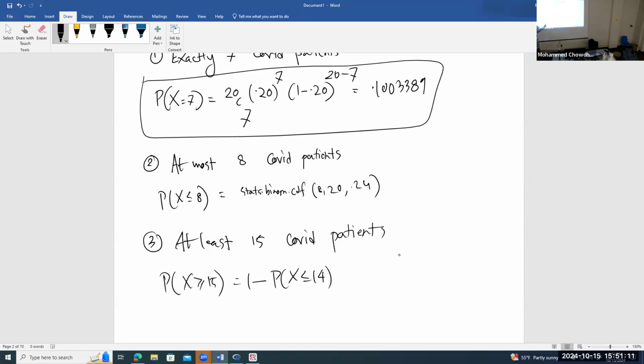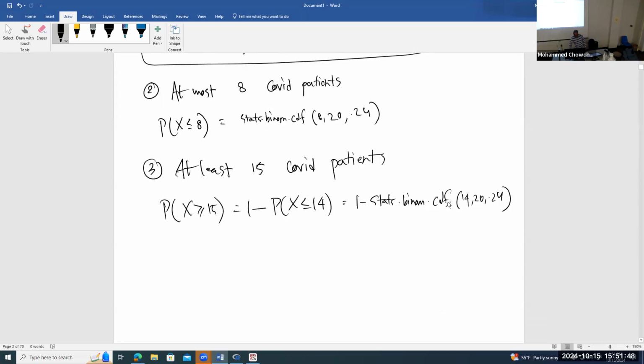At least 15 is 1 minus less than, at most 14. Okay, at most 14. And then it could be written as 1 minus stats.binom.cdf(14, 20, 0.24).